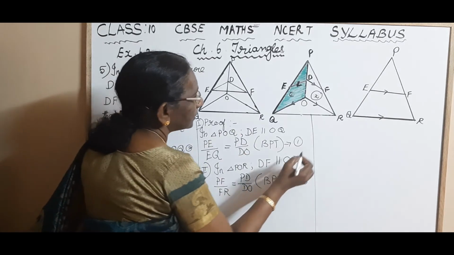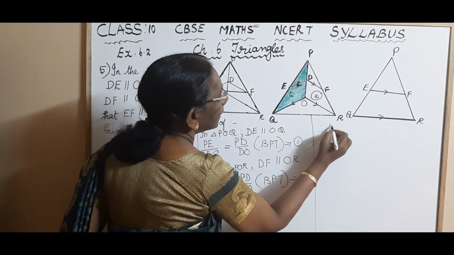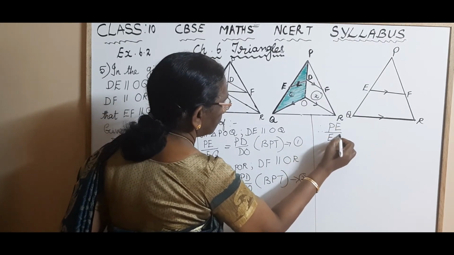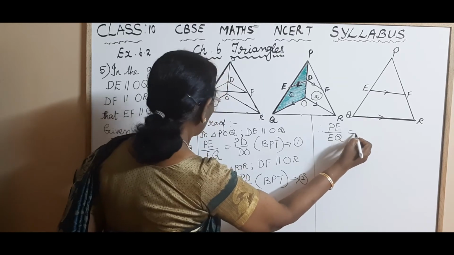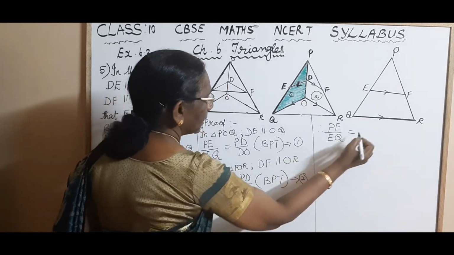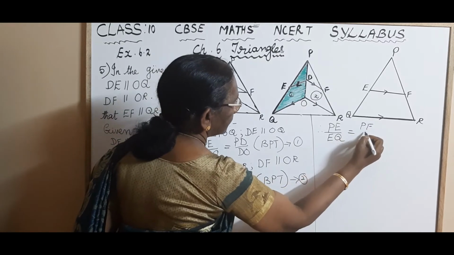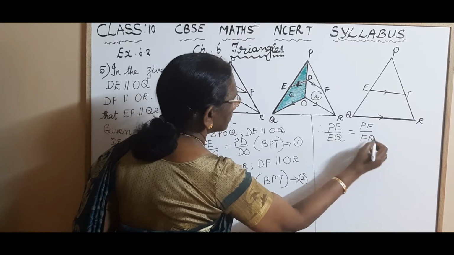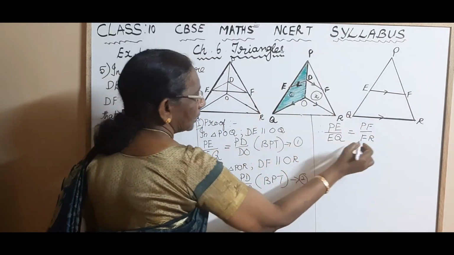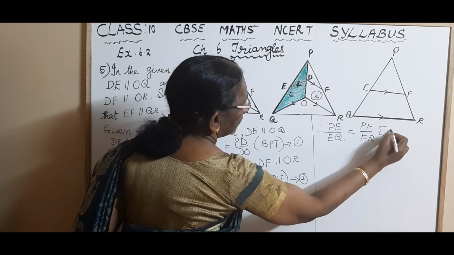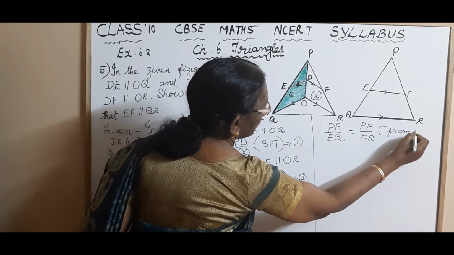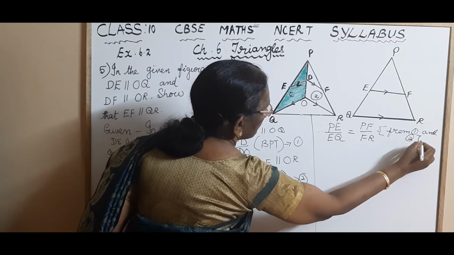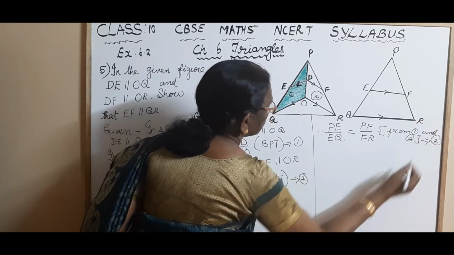So you can write, therefore, PE by EQ is equal to PF by FR, from 1 and 2. Name this as 3.